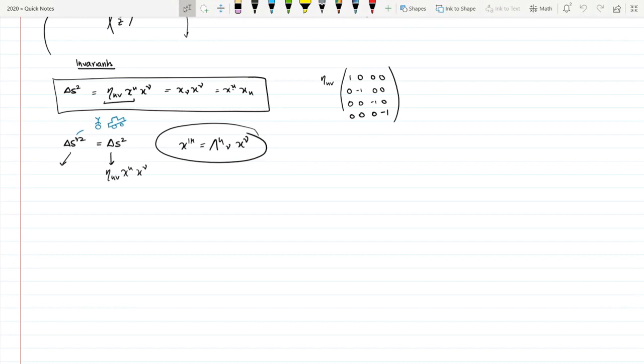So now note the difference. This isn't my raising and lowering metric anymore. This is some matrix which leaves this speed of light invariant. And we're going to try and answer what this matrix is. Is this clear and not confusing why you have this law?